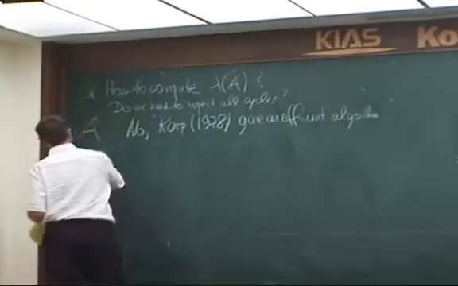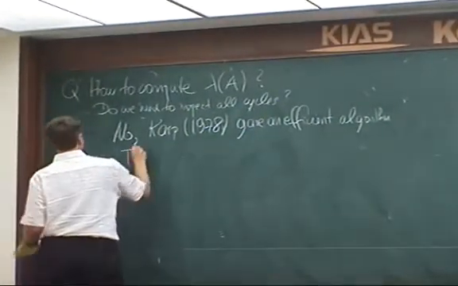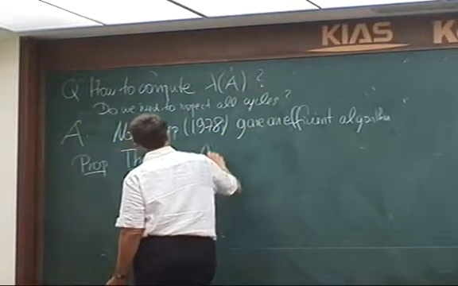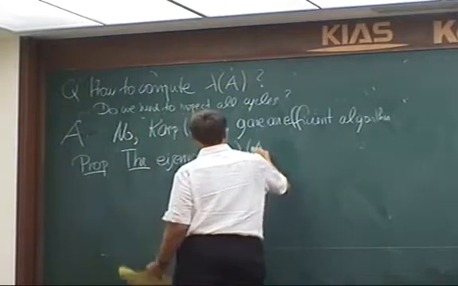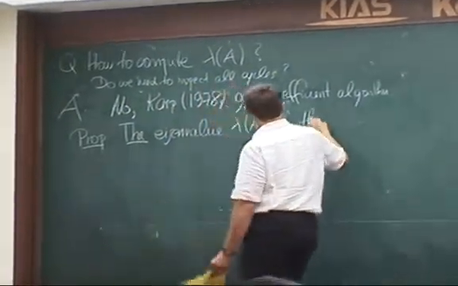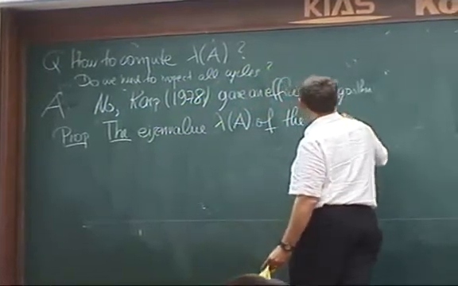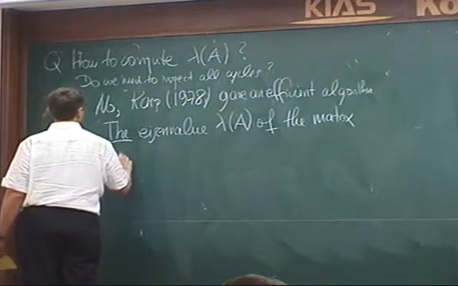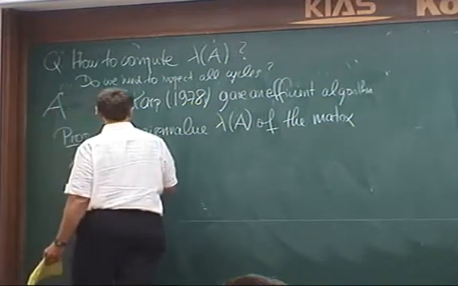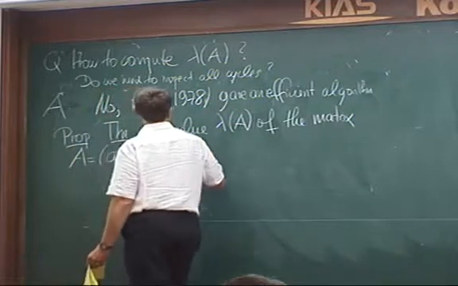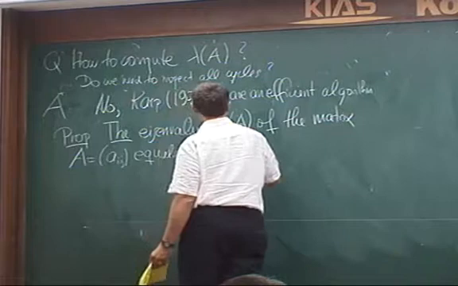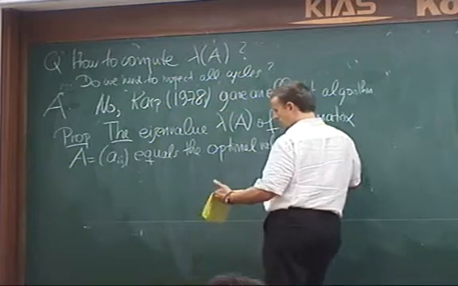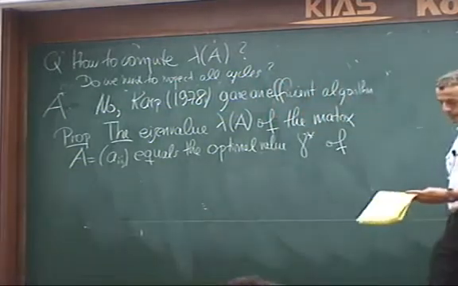And here's what you do. Proposition: the unique eigenvalue of a given n by n matrix A, with entries Aij, equals the optimal value gamma star of the following optimization problem.